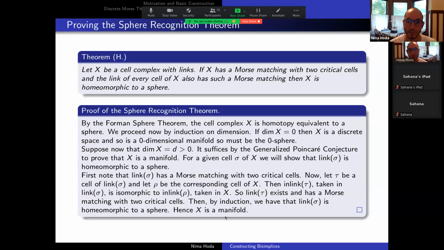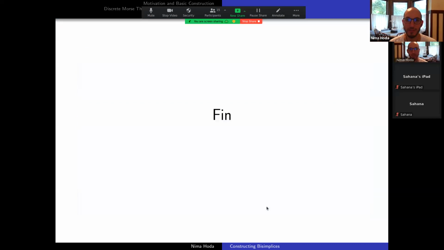It has lower dimension, so by induction, we see that the link of sigma is indeed homeomorphic to a sphere, and so X is a manifold. So that's all.